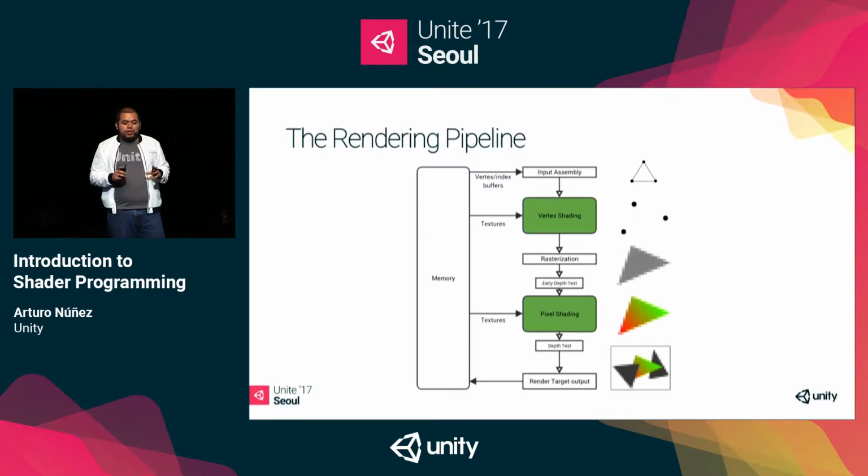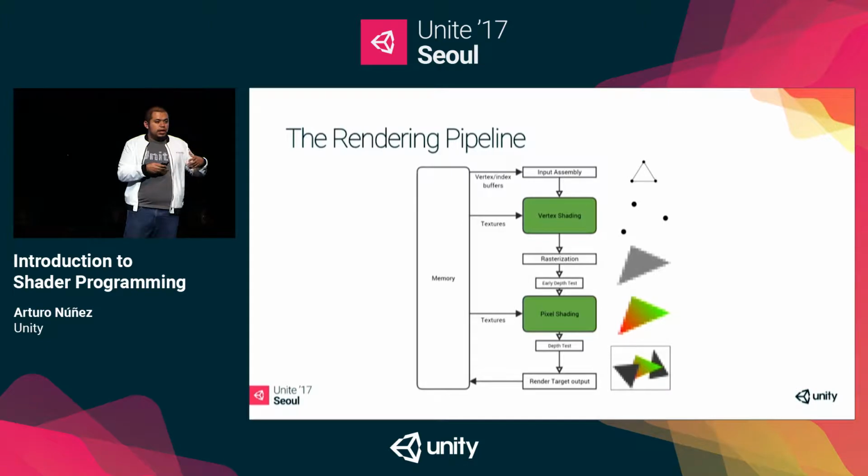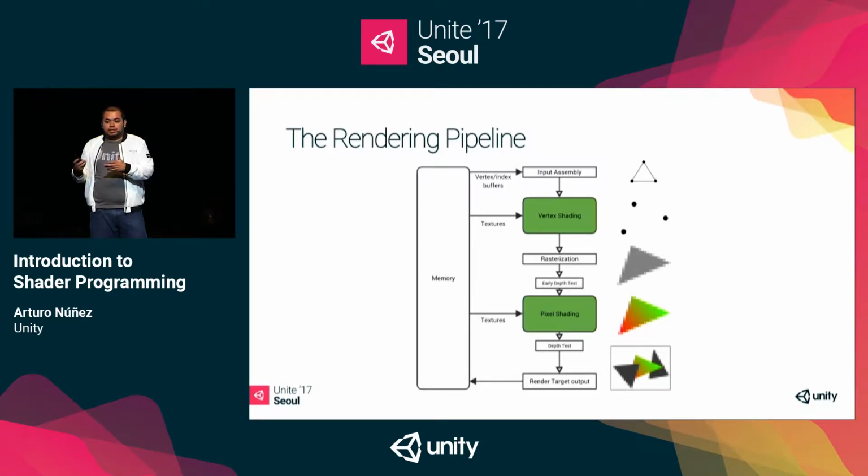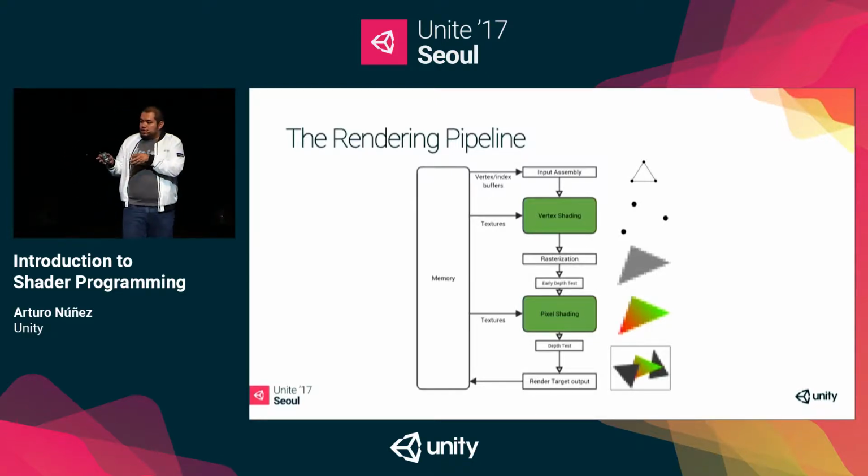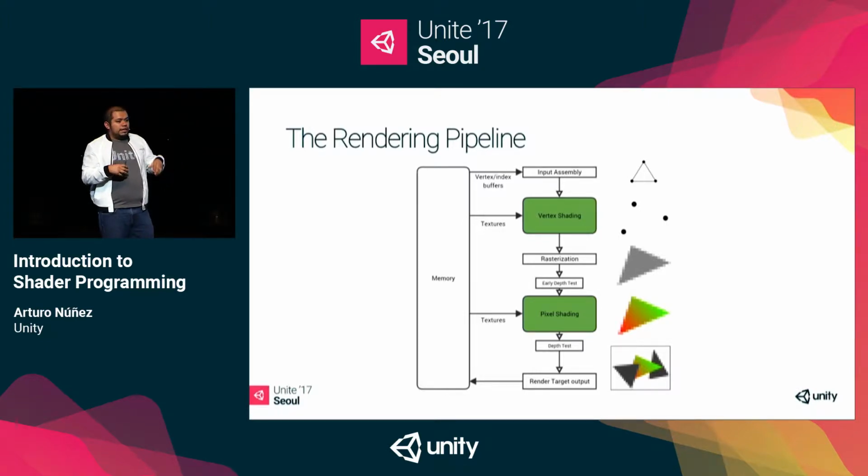So just as a quick recap, I want you to understand how Unity actually renders our scenes, right? So imagine when you're making your game or your project in Unity, you have a 3D scene. Even if that scene is a 2D scene, if you're making a 2D game, Unity is looking at that as a 3D scene.